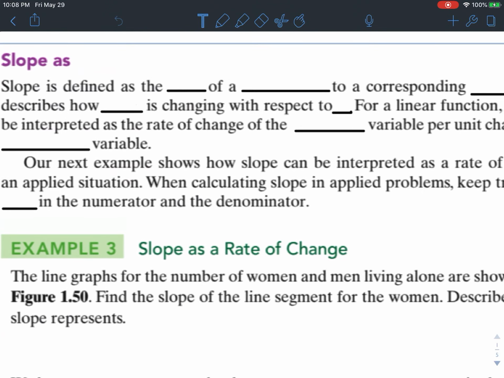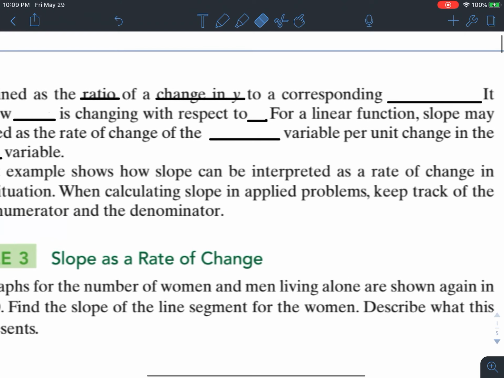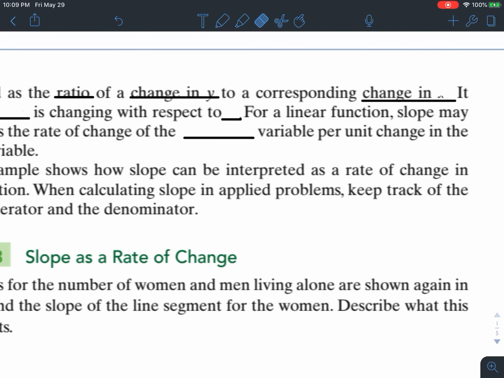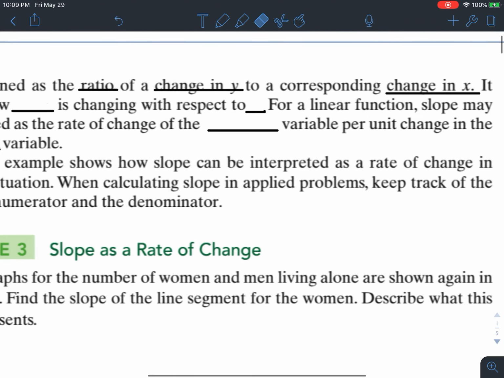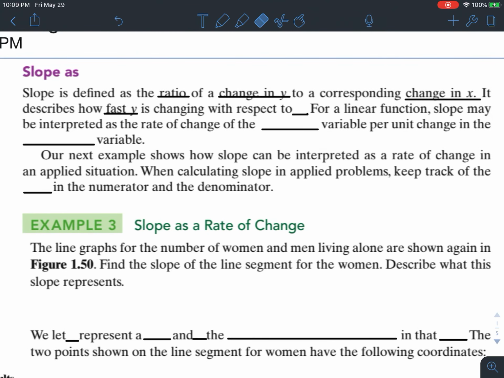Okay, so slope is defined as the ratio of a change in y to a corresponding change in x. So what it does is it describes how fast y is changing with respect to x.